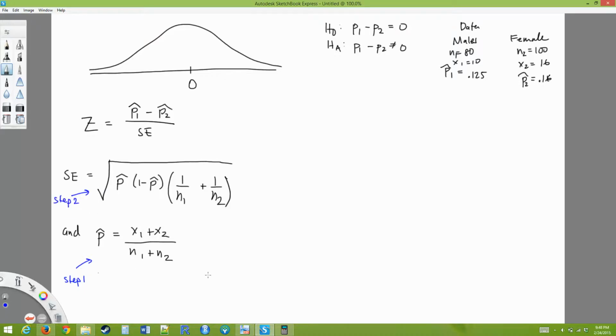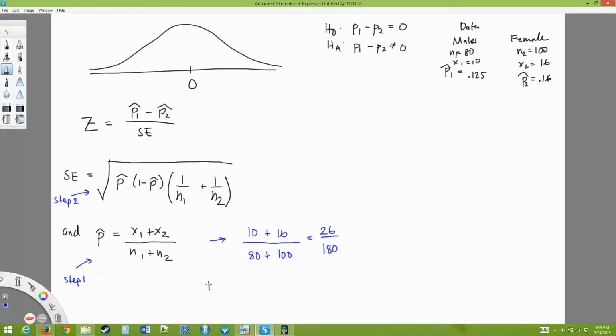So step 1, let's get p hat. P hat is x1, which is 10, plus x2, which is 16, divided by n1, 80, plus n2, 100. Now, it's important: add the numerator. 10 plus 16 is 26, divided by 100 plus 80.